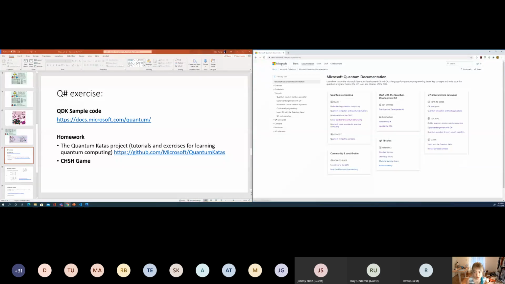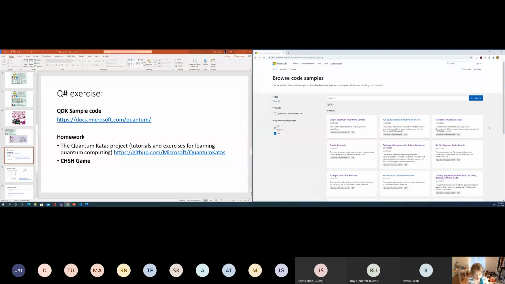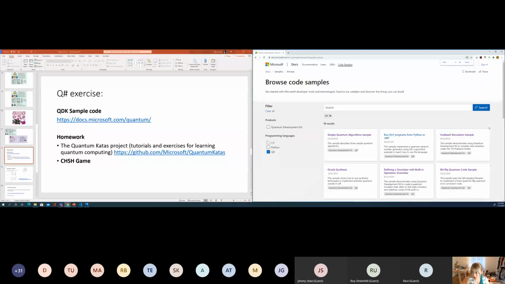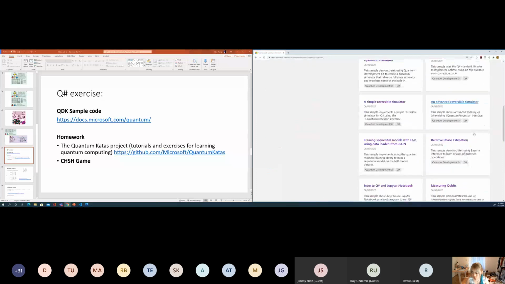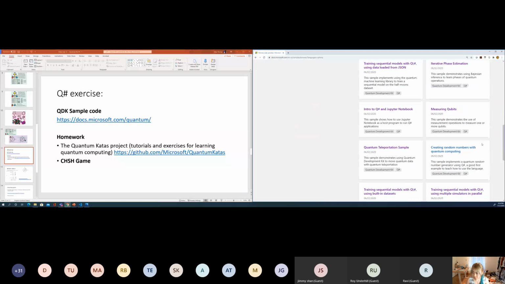On the Microsoft Docs website, docs.microsoft.com/quantum, you'll be able to find all of the documentation about Q# and QDK and a lot of tutorials. And here in the Q# code, I don't know if people can see this. I can try to expand it, but on your own machines, you can also do Control+ or the equivalent on Mac to zoom in.